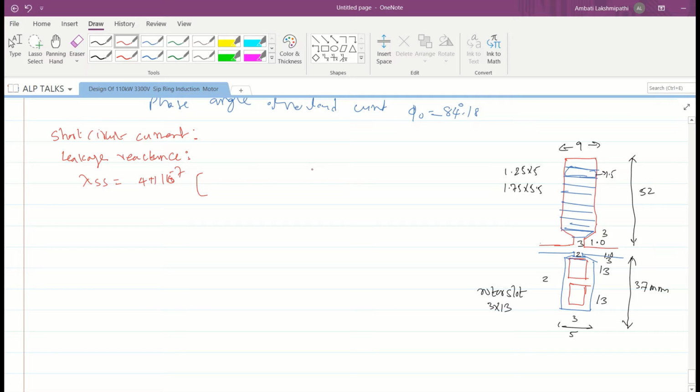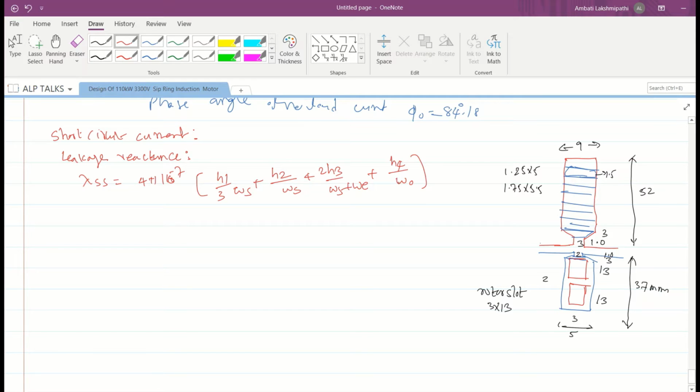So let's calculate it: h1 by 3 ws, plus h2 by ws, plus 2 h3 by ws plus we, plus h4 by we, otherwise we can say w naught. This is the basic formula we have for this job.